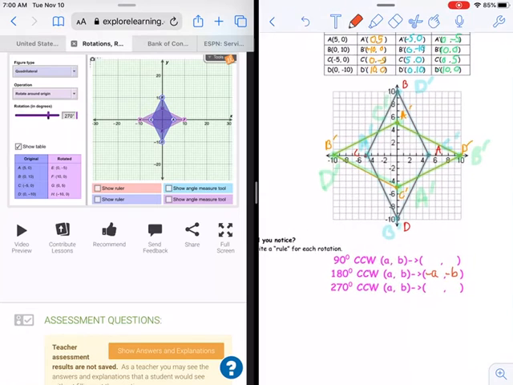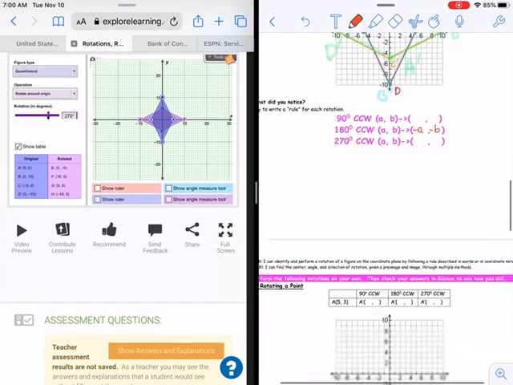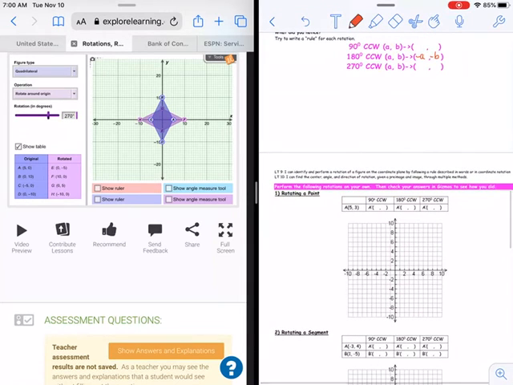But if we go 90 degrees counterclockwise, let me think. Let's start this one down here just to emphasize it, even though ultimately I want you to do this on your own. All right, let's do 5, 3. Okay. Now, notice how we have 5, 3. Let's just look at this gizmo on the left.